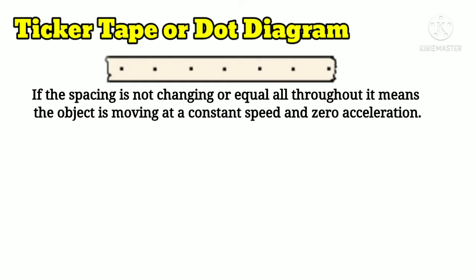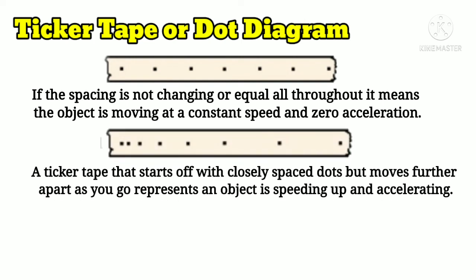If the spacing is not changing or is equal all throughout, it means that the object is moving at a constant speed and has zero acceleration. A changing distance between dots indicates changing velocity and acceleration.